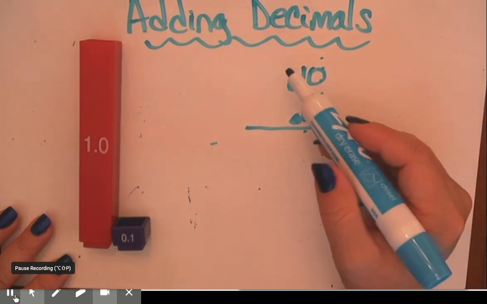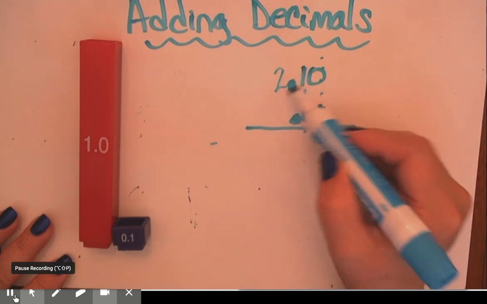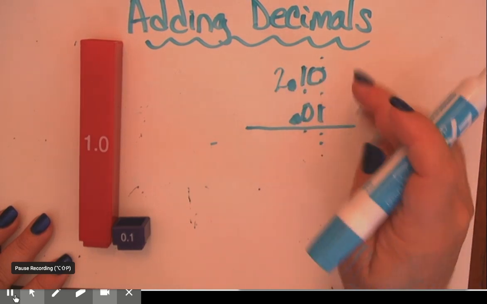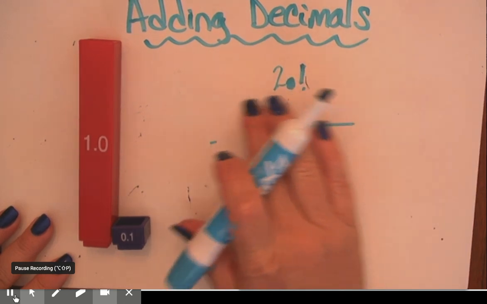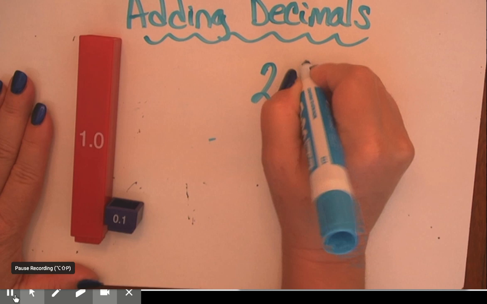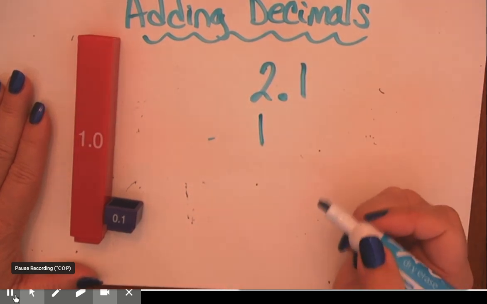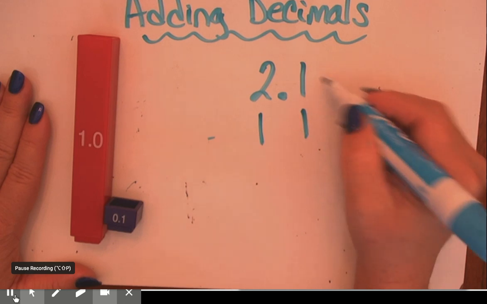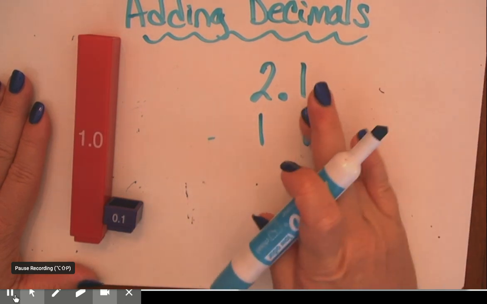You cannot add ones, like let's say we had 2 wholes and 1/10. And let's say over here, let me start over, 2 wholes and 1/10, and let's just say we had 1 whole here. And maybe you want to put the 1 over here because you want to line up the numbers, but that's not going to be okay.